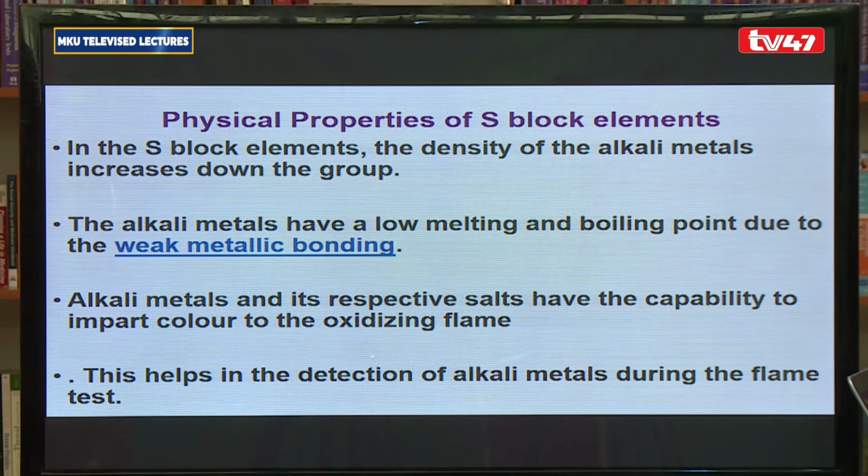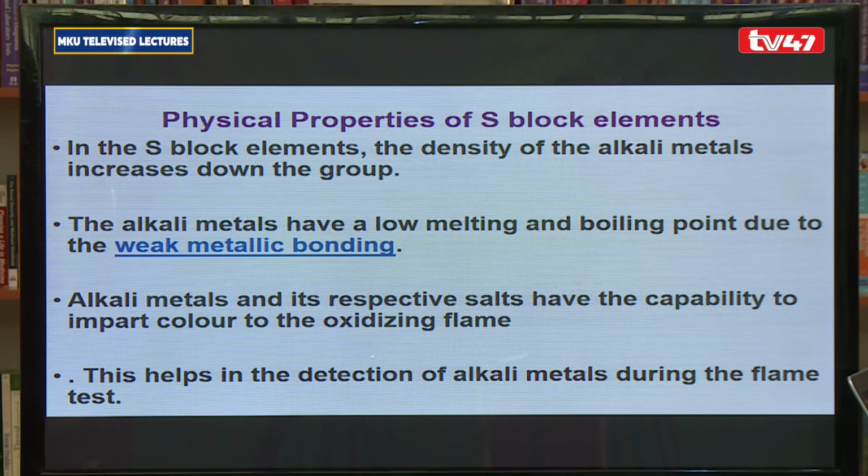This is normally because the flame energy is enough to excite the valence electrons in the alkali metals to higher energy levels, and when the electron comes back to ground state, it releases energy in the form of electromagnetic radiation in the UV visible region. So that's why the alkali metals can be analyzed using the flame test.